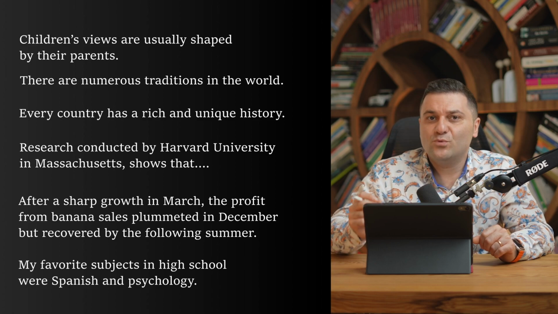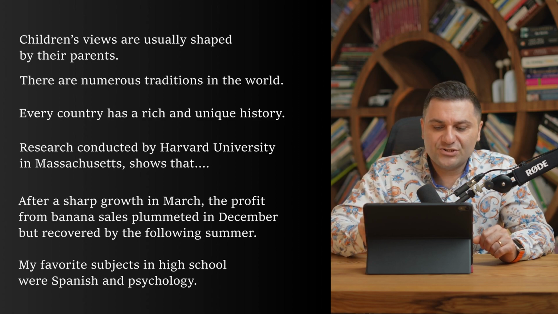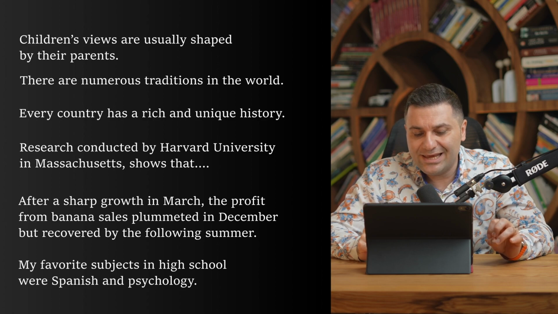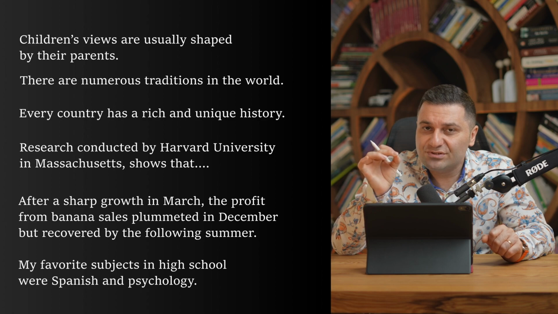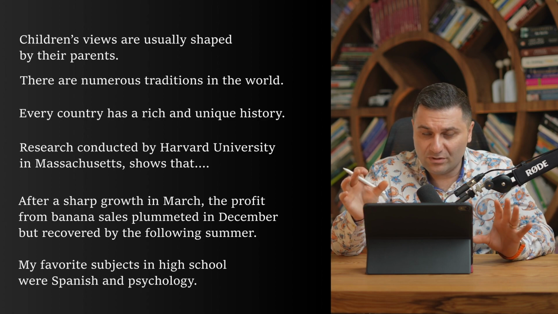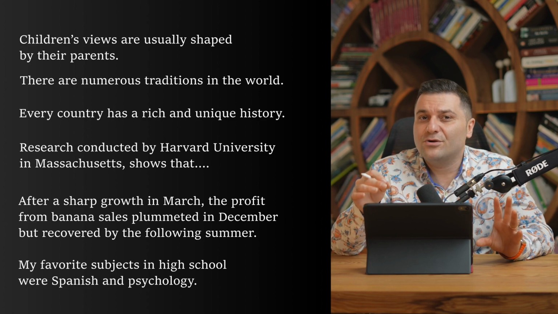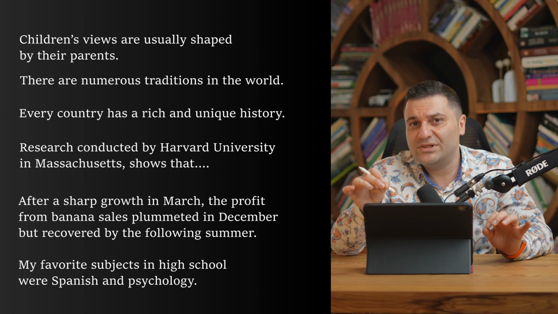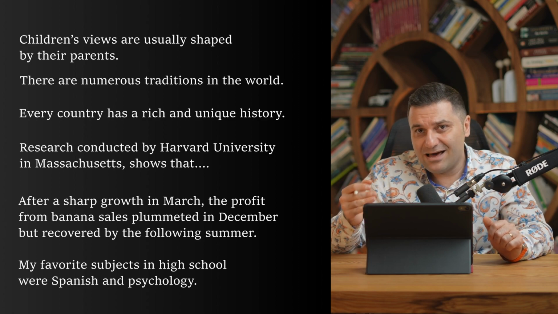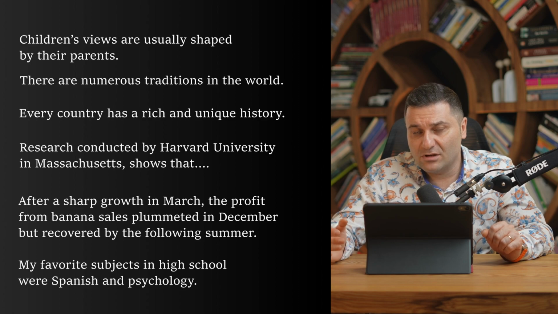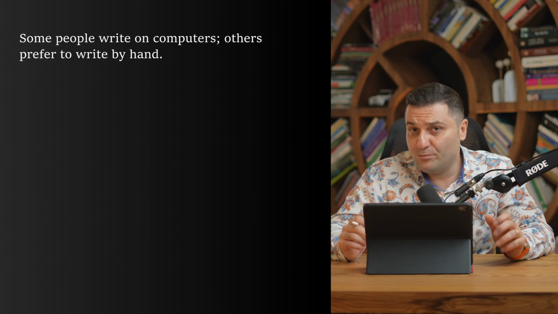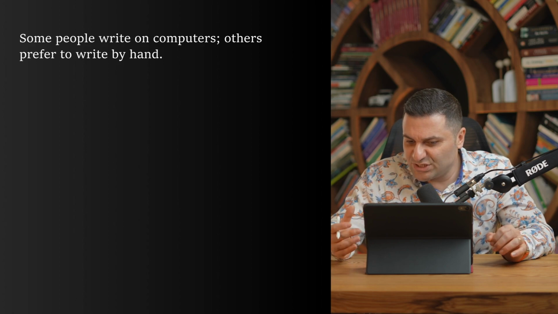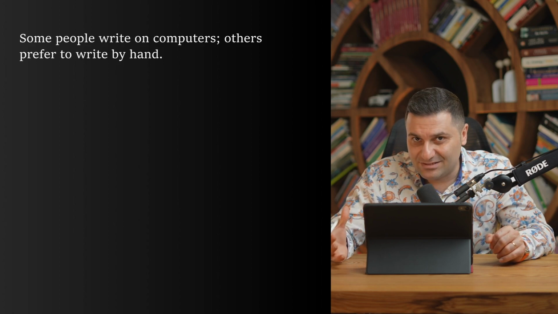So the first one is semicolon is usually used to link 2 independent clauses that are closely related. So after the first independent clause, we use semicolon. For example, some people write on computers; others prefer to write by hand.